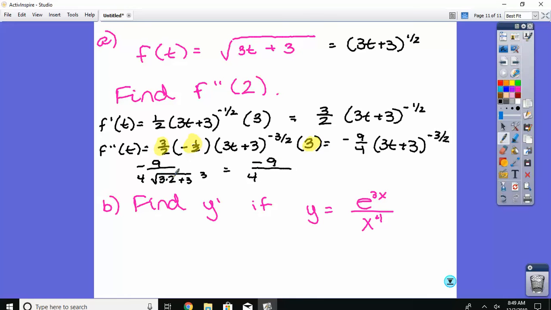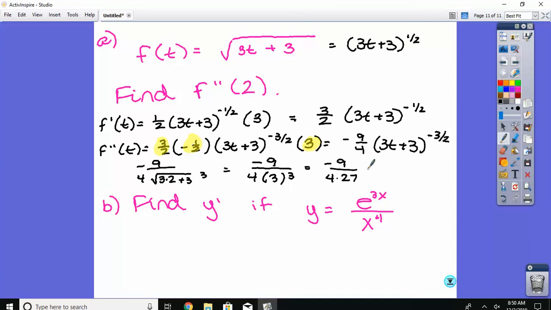So that would give me the square root of 6 plus 3, so square root of 9 is 3, cubed. So that would give us 4 times 27.